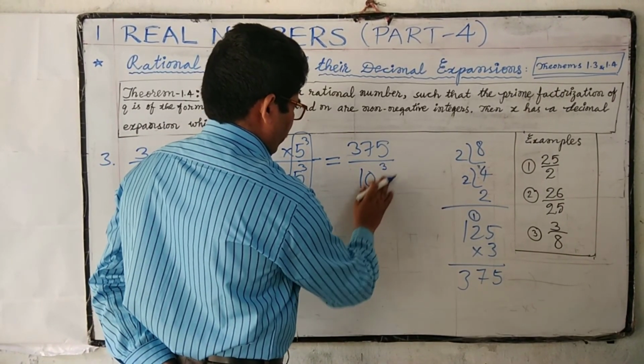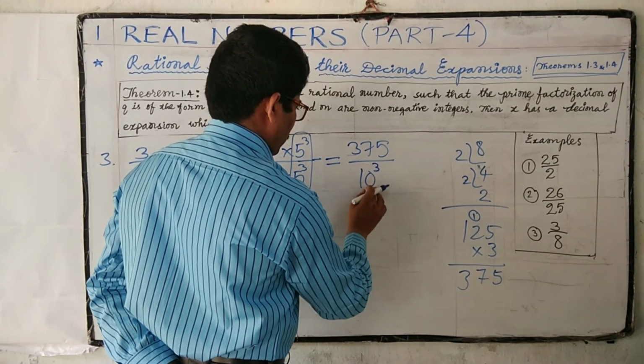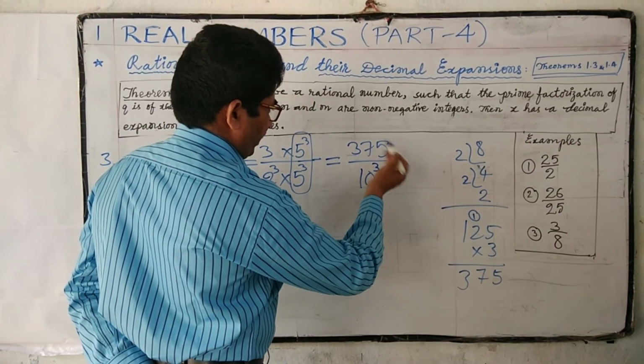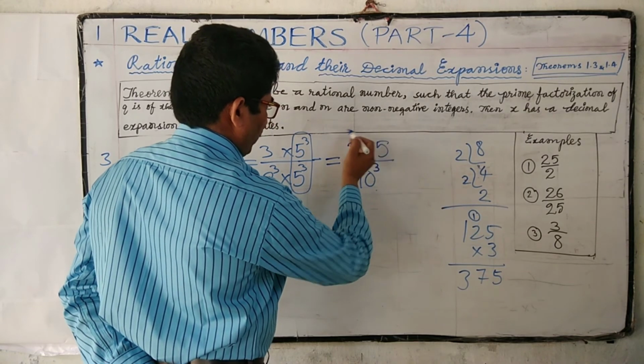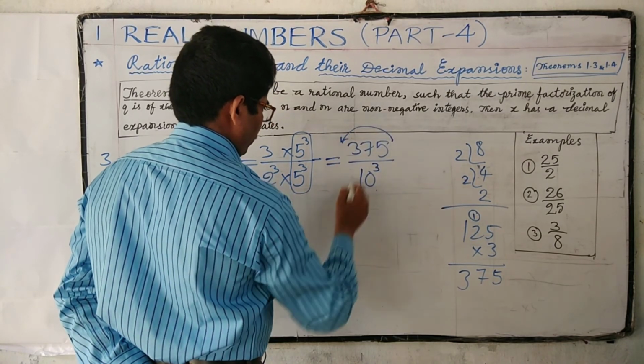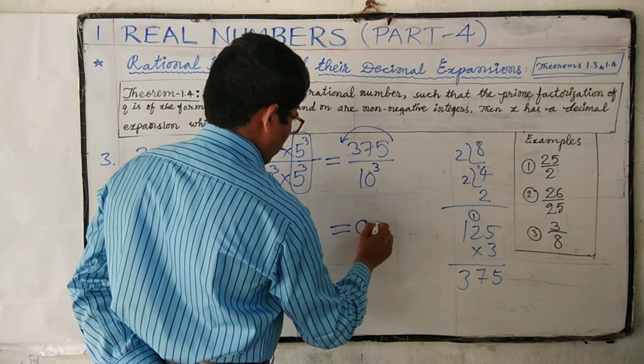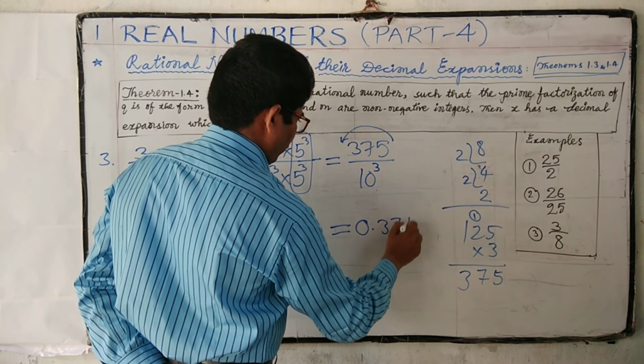No need to keep the 10 cube. We count 3 places, 1, 2, 3, from right to left. So the answer is 0.375.